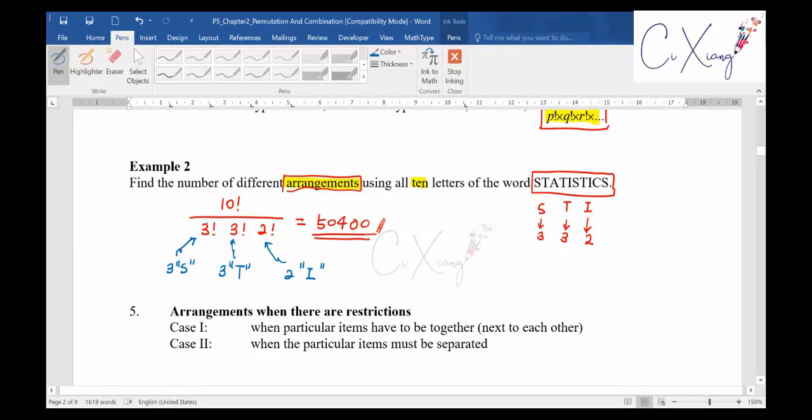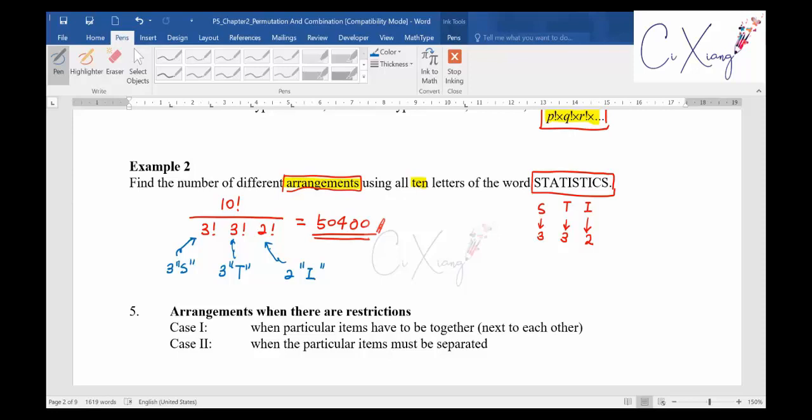That means you divide by the number of repeated items for each type of them. This is what we have for our first two arrangement formulas. Sorry, the first part is when all the items are different.